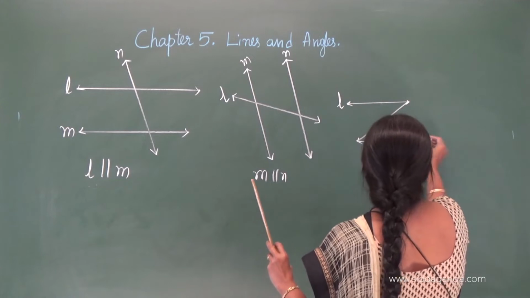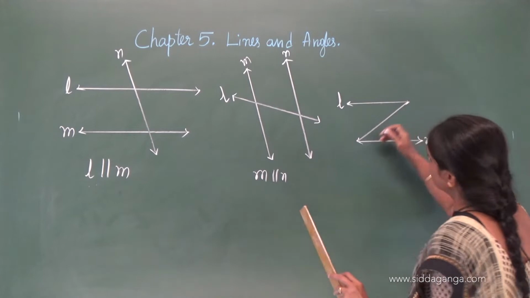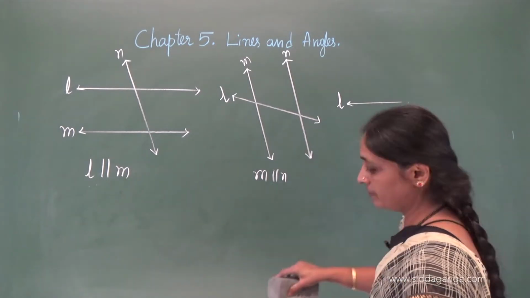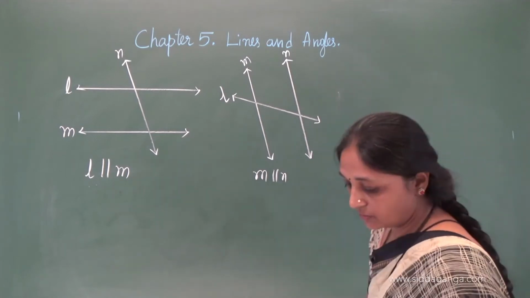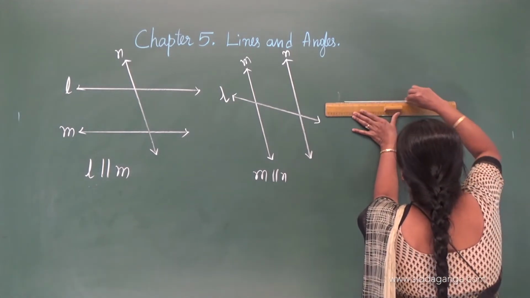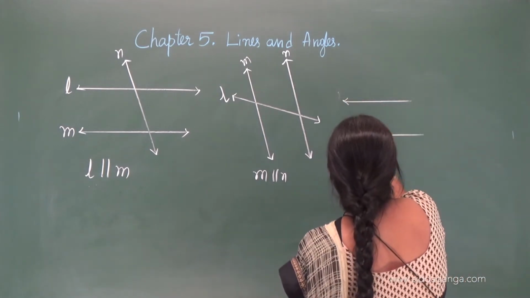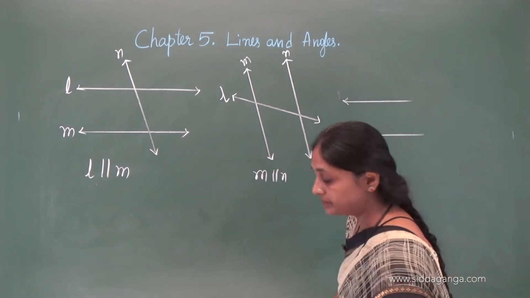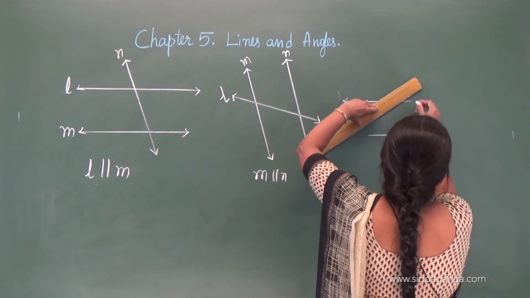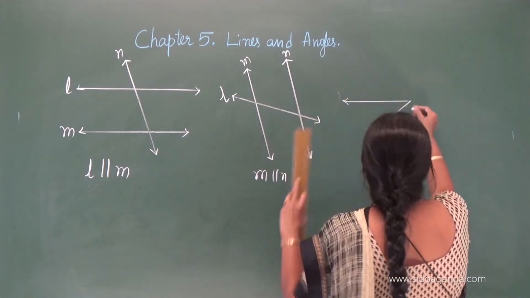Here also we can consider this segment. If I write like this, it's a line; these two are rays, and this is a line segment.